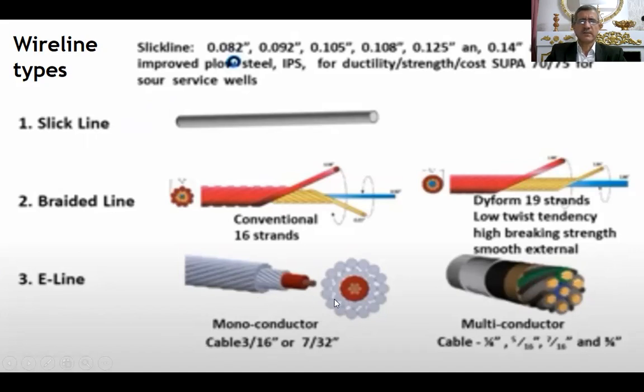We have sizes. Here we have 16 strands in braided line. Here in conventional, in diaphragm, we have 19 strands. In electric line, monoconductor, one conductor here.